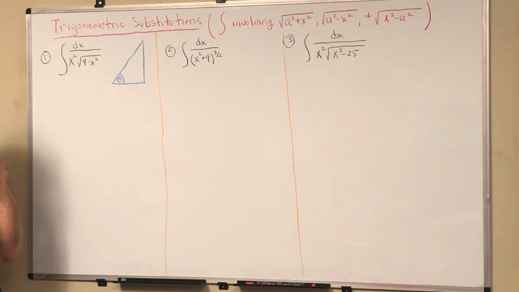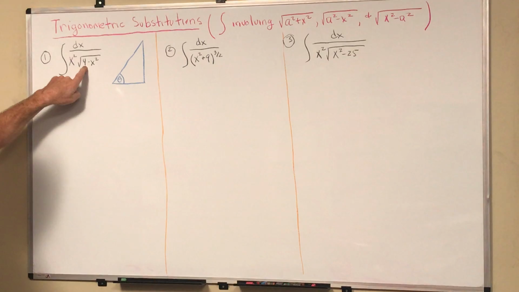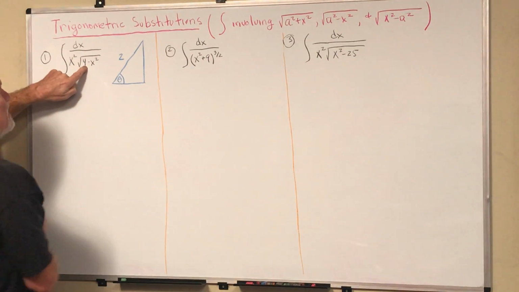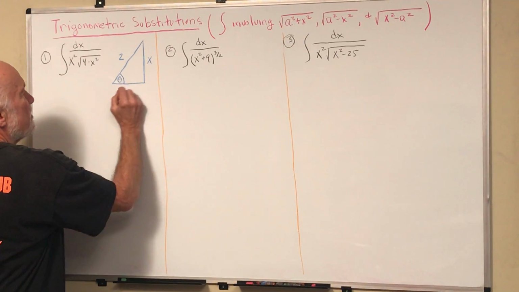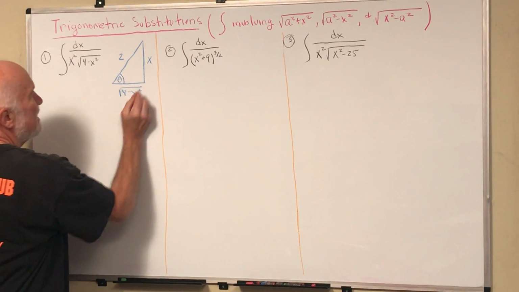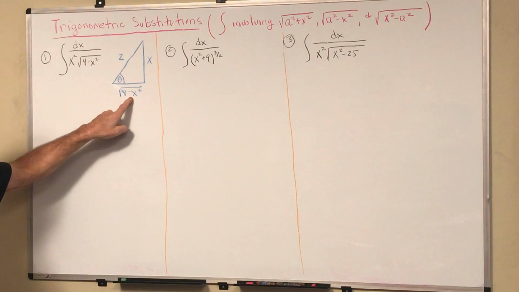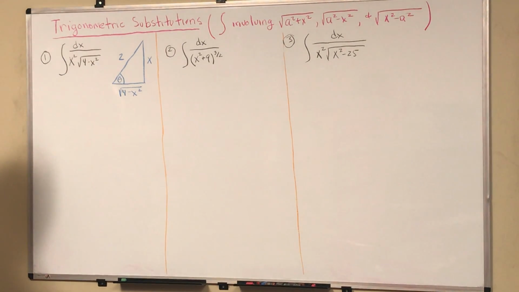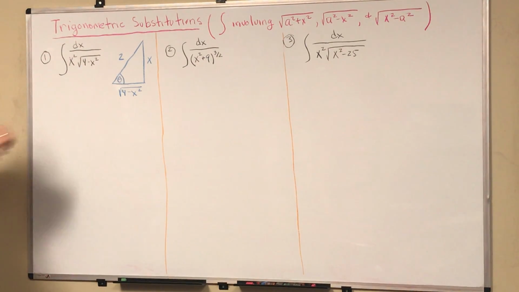So we just have to use Pythagorean's theorem and realize in this case, the biggest side is going to be 2. And then I put x over here and the square root of 4 minus x squared on this side. And you can always check it out. You can square this, add them together, and see if you get this. So it is important that you get them on the right sides.